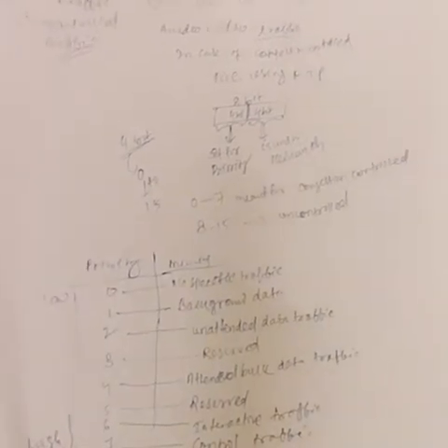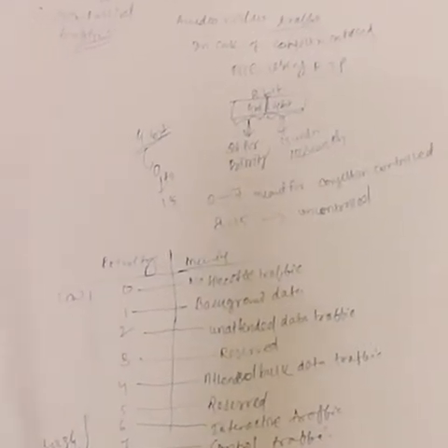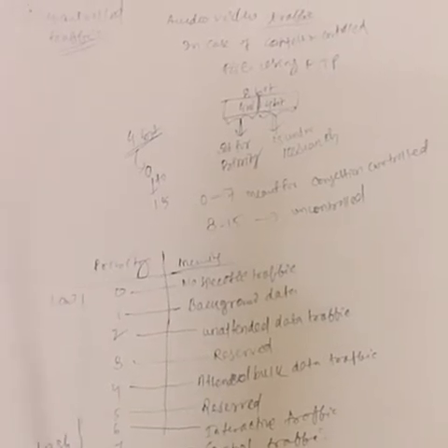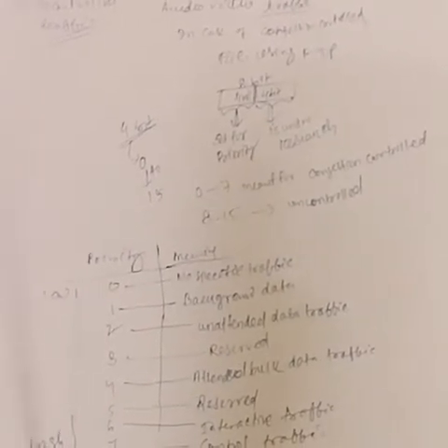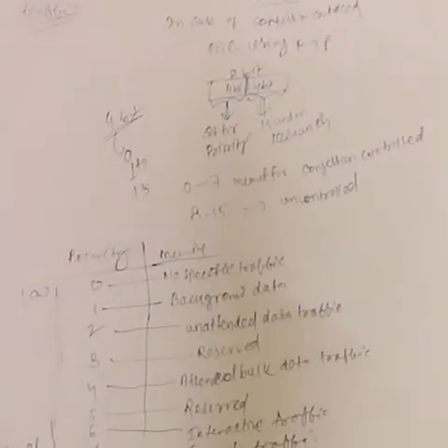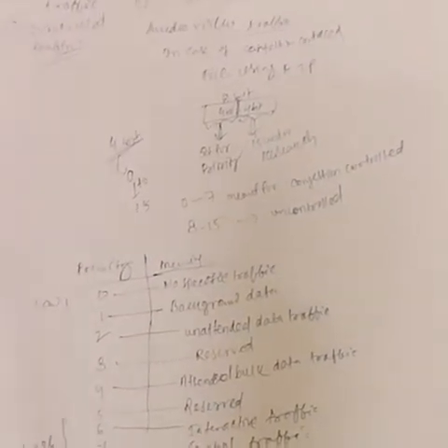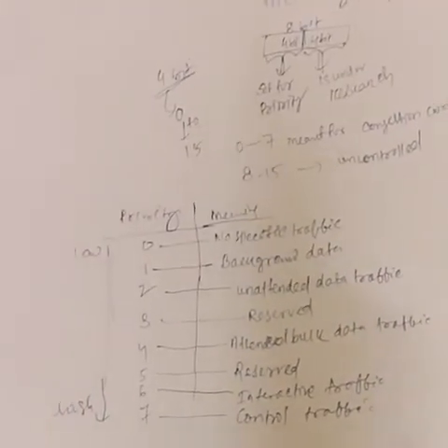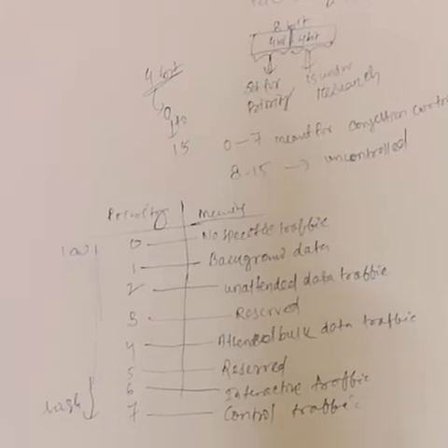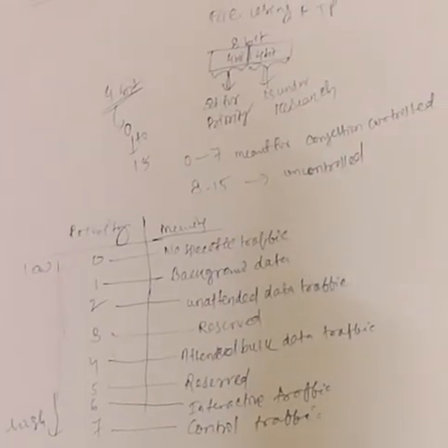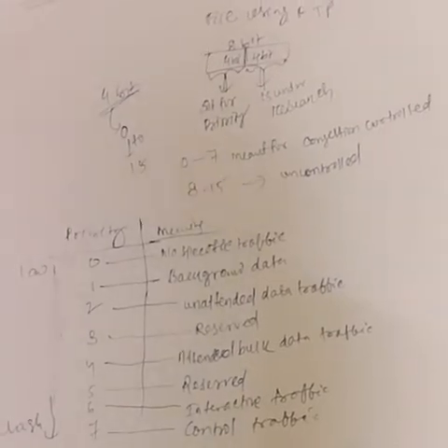This is called attended bulk data traffic, and it has higher priority over email because you are attending the data. Next is reserved, whose priority value is 5, and it will not be discussed because it is meant for future use.